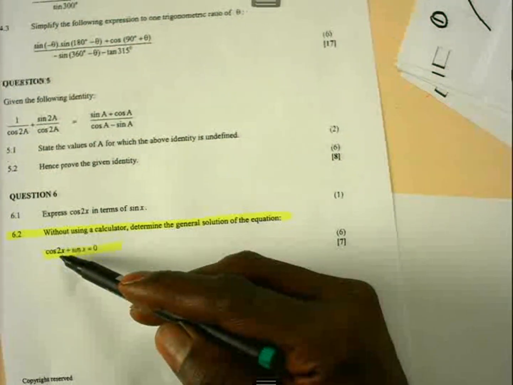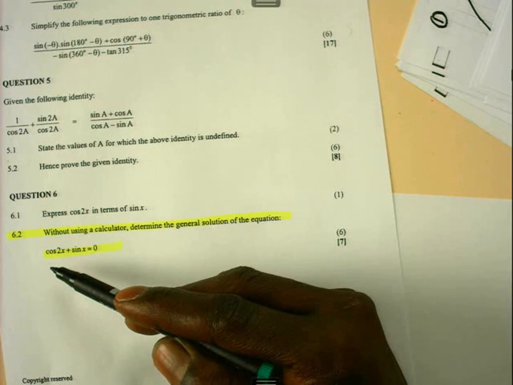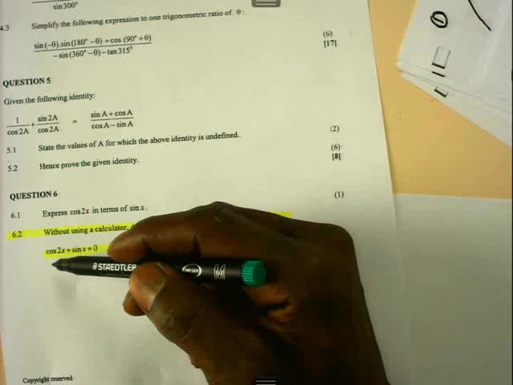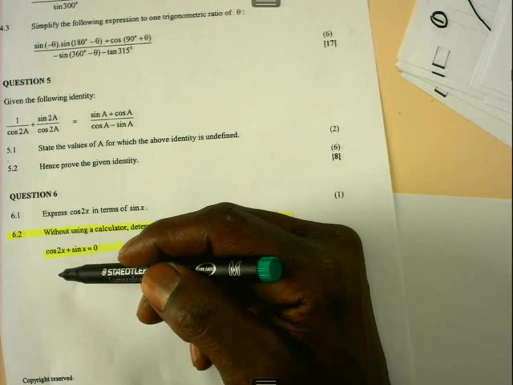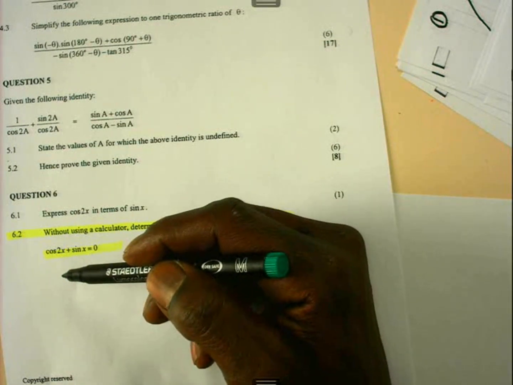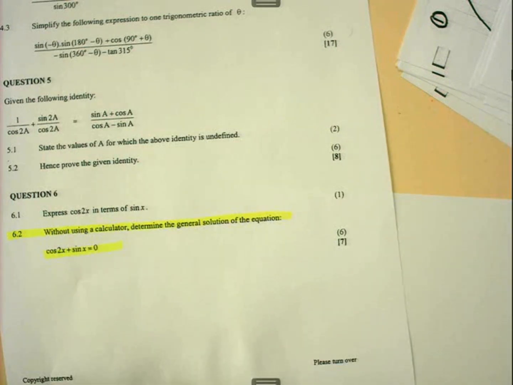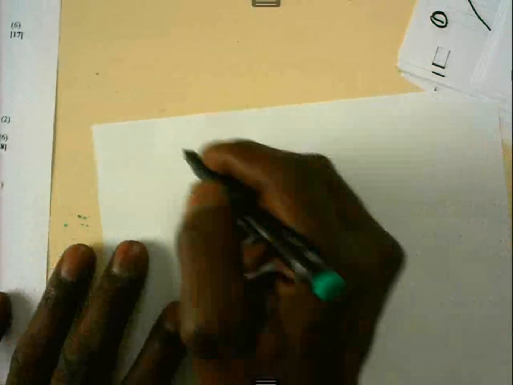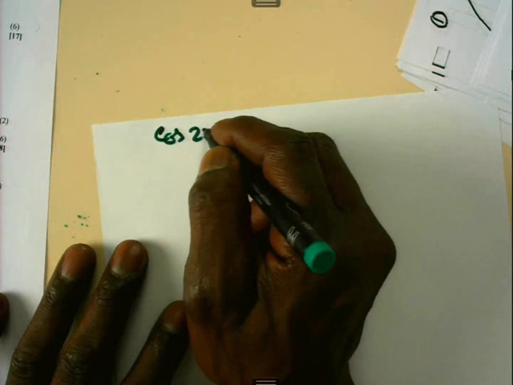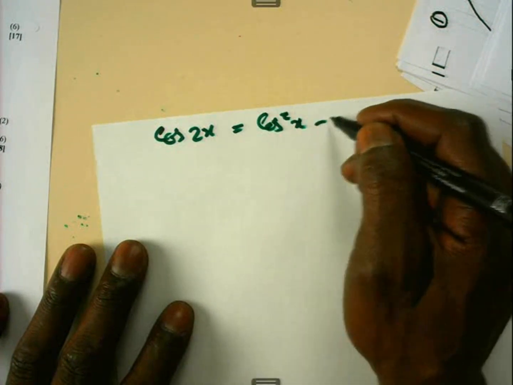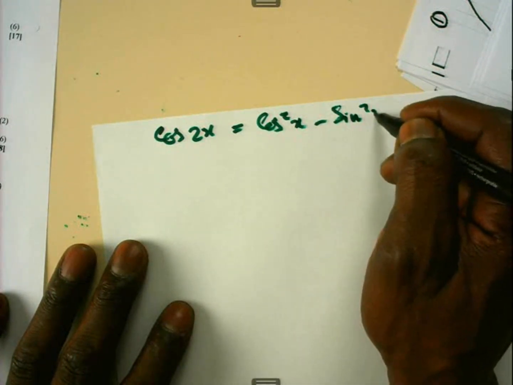In this case, we are having cosine and sine x. Now, cos 2x is a double angle that can be written as cos squared x minus sine squared x. Remember, cos 2x is the same as cos squared x minus sine squared x.